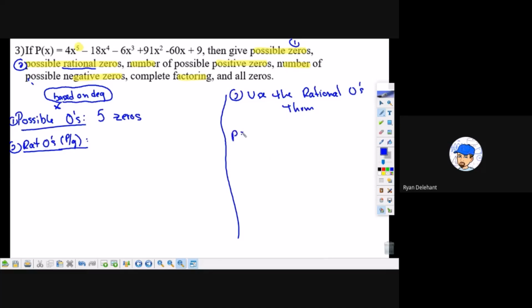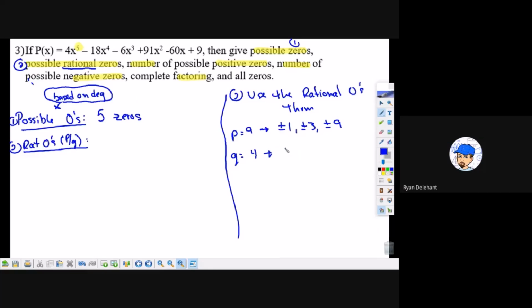So our P value is 9 and our Q value is 4. So we need the factors of those things. Remember, they get a plus or minus with them. So factors of 9 are 1 and 9 and 3 and 3. So our P list for this is plus or minus 1, plus or minus 3, and plus or minus 9. Q is 4.